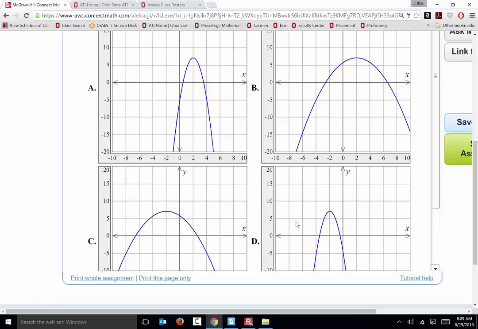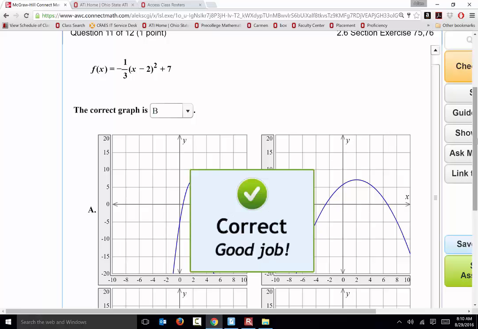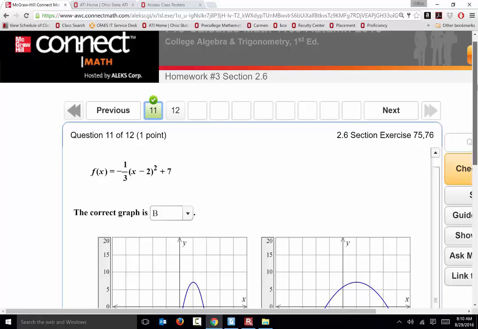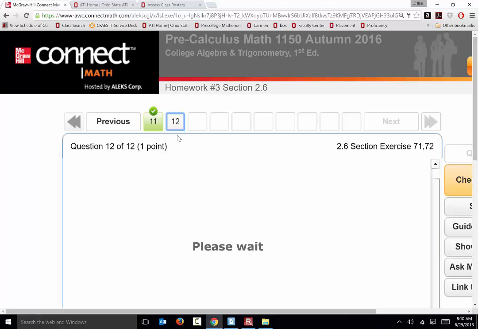So it's not A, it's not D, C or B. We know the peak point was in the first quadrant, 2, 7. 2 and 7 looks like this peak point, so it's B. Again, do not peek at these solutions or options. Just do it blind on the paper, find the result and go pick the right answer. That's the right way to do it, because on the exam you won't have these options. It's just gonna say apply the transformations and graph this function.